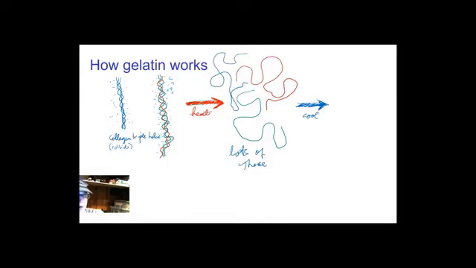Or, because blue is the same as red and green, I can have it link up with red or green. It doesn't matter whether it's red, blue, or green, and it doesn't matter whether it comes from the same original triple helix.